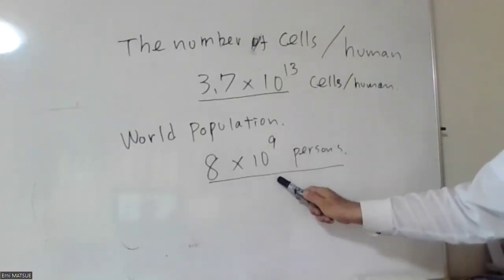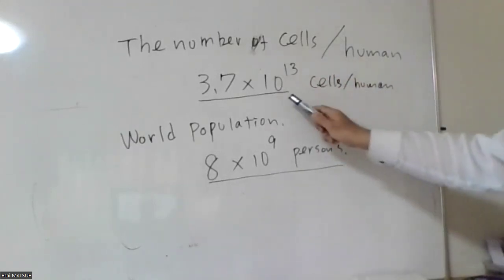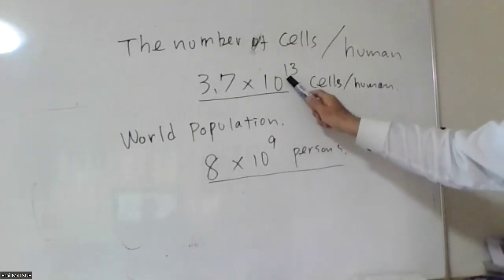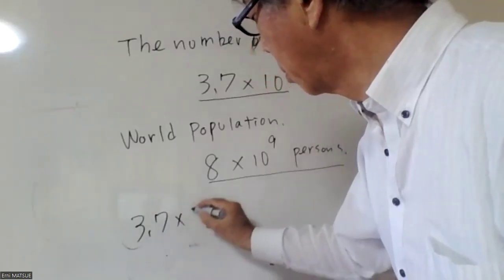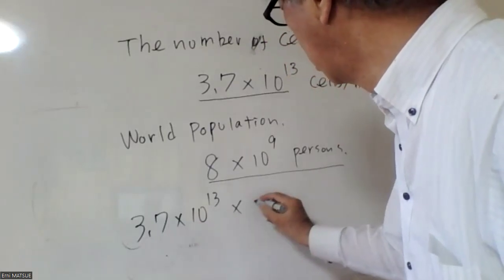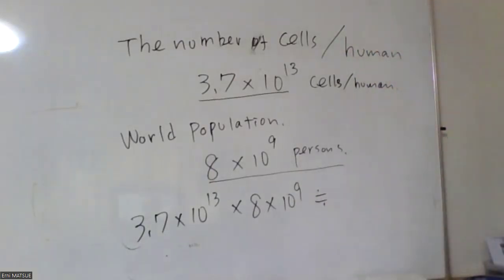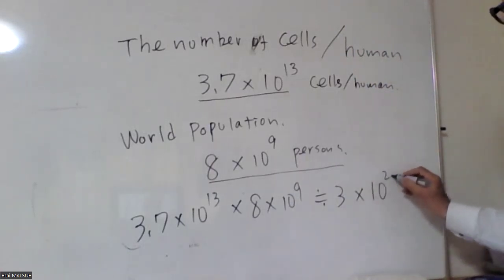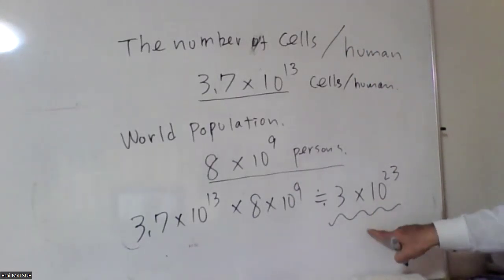Okay. The number of cells per human. Okay, do you agree? Students, okay? Then half of the Avogadro number.